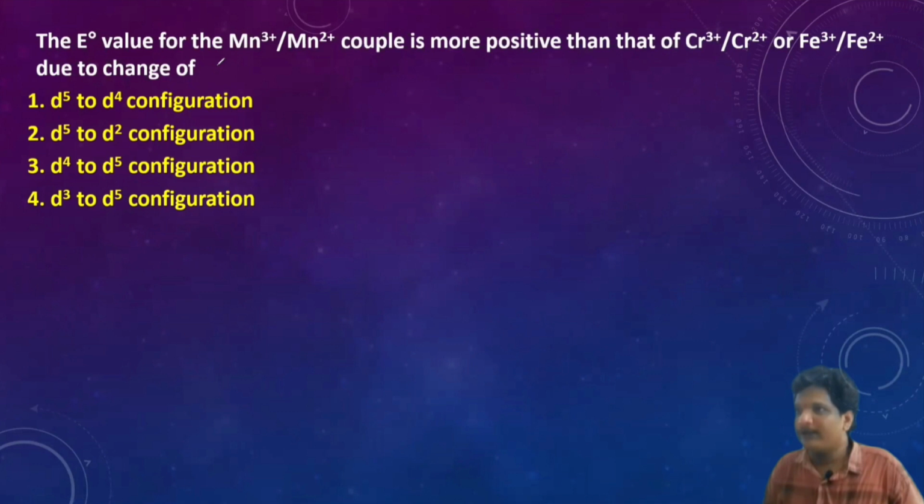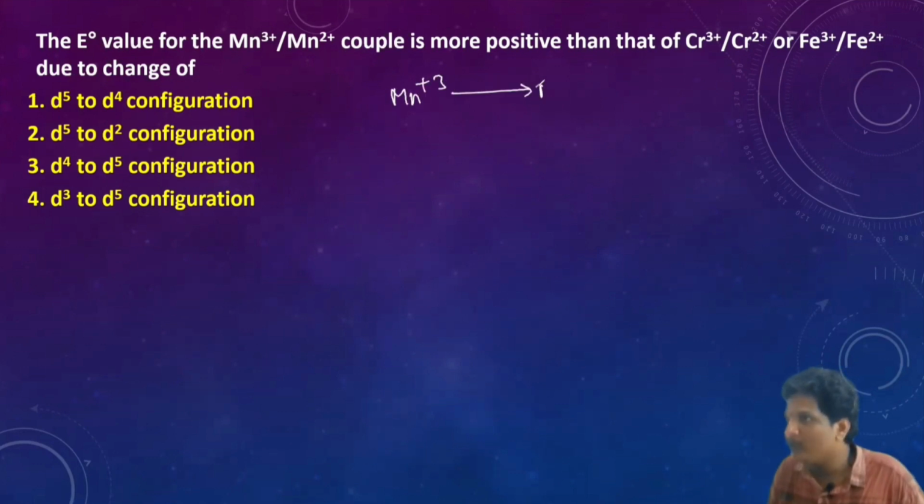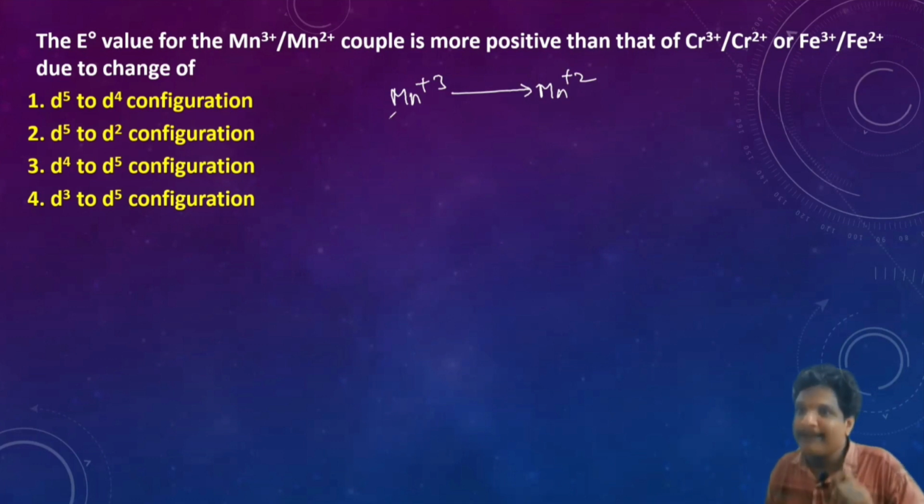The E naught value for the Mn plus 3 by Mn plus 2 couple is more positive than that of chromium plus 3 by chromium plus 2 or Fe plus 3 by Fe plus 2, due to change of. So here Mn plus 3 will be converting into Mn plus 2. In this Mn plus 3, we have d4, a total of 4 electrons in the d orbital.